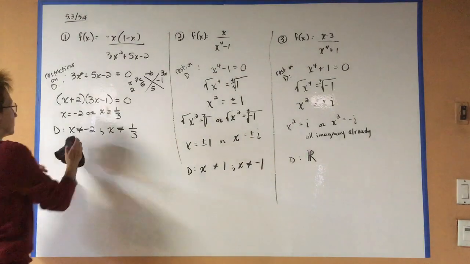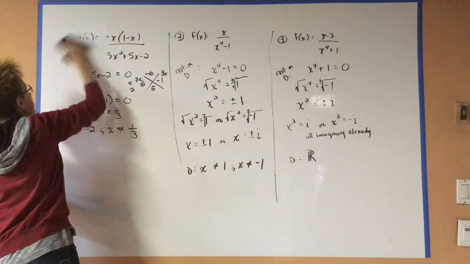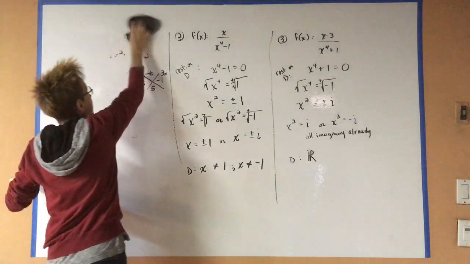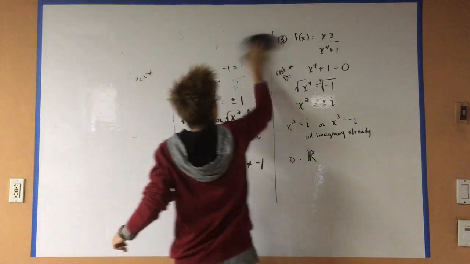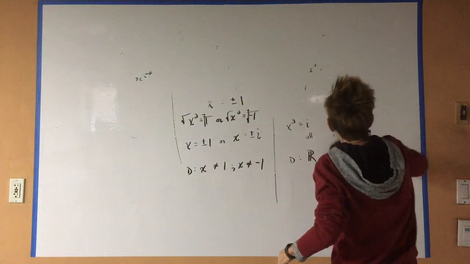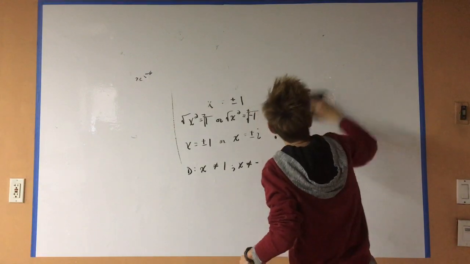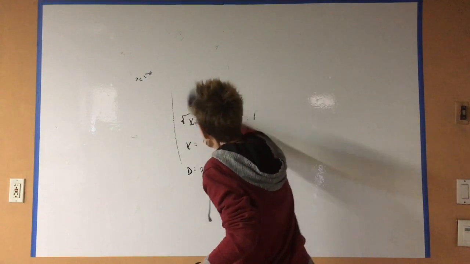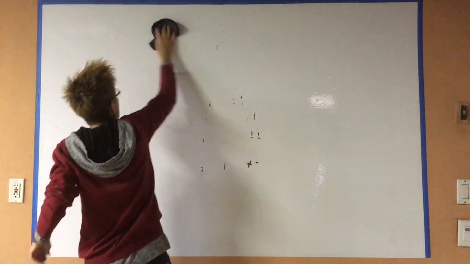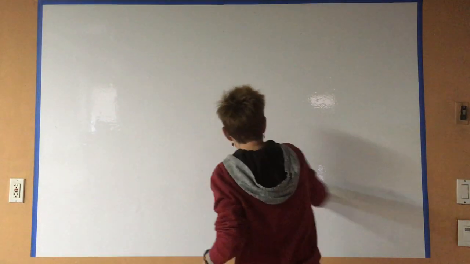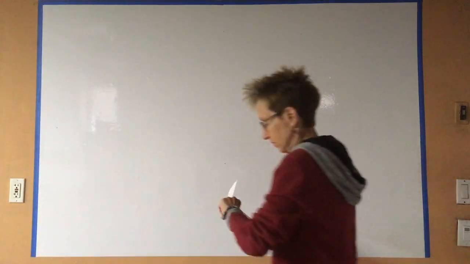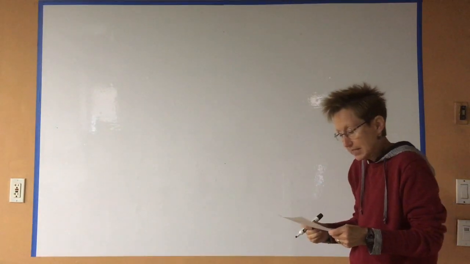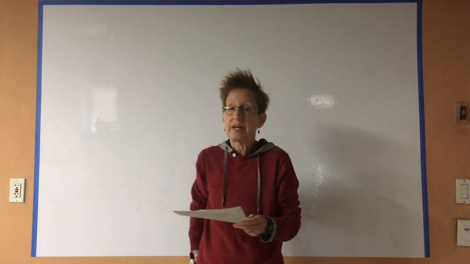So let me get rid of this, and we'll talk about the next set of information. The next pieces of information talk about these things called asymptotes.